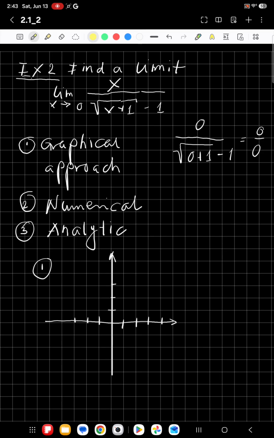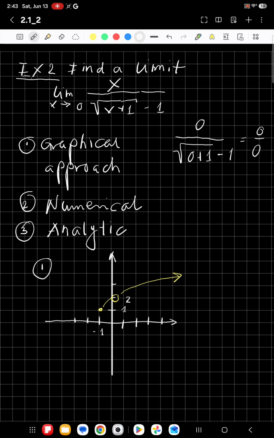The graph is very similar to the graph of the square root function. There's a hole right there at 2, and then the graph starts at -1, and the shape resembles the square root function. Something like this. This number right there is 2. This is 1, -1.